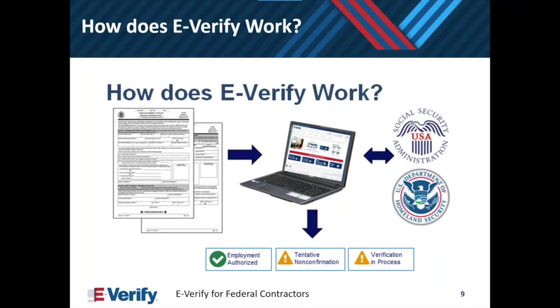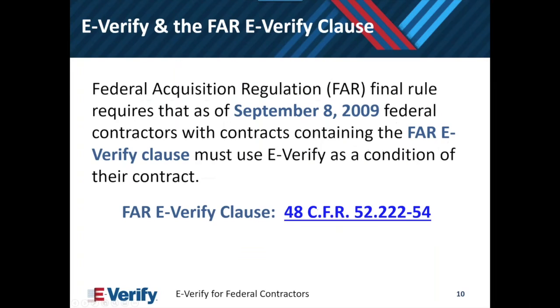The other results that you might see are a tentative non-confirmation or a verification in process. And like I said at the beginning, we are going to get into these in a little more detail towards the end of our presentation and kind of know what to do with those case results when you get them. So I'm not going to get into a lot of detail with those here because we're going to come back to those. Right now, I really want to just focus on that FAR E-Verify clause.